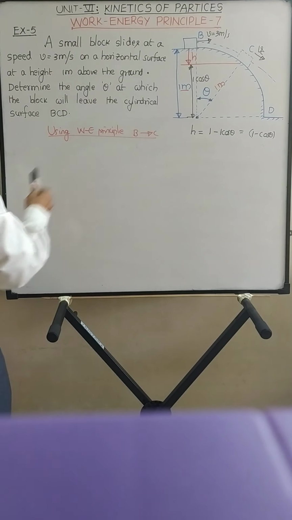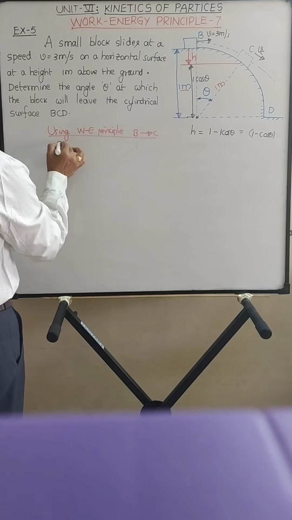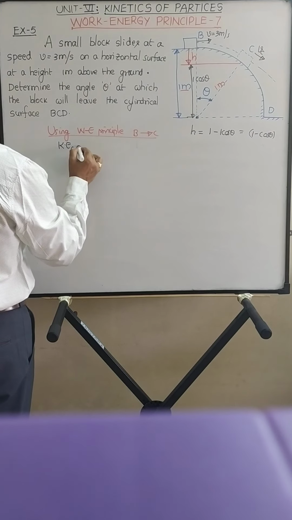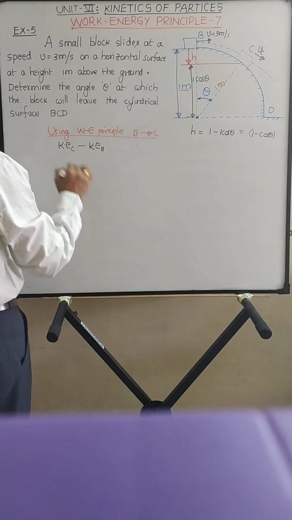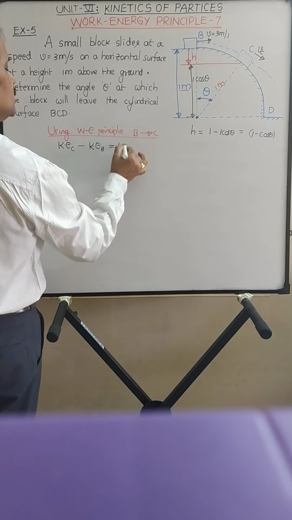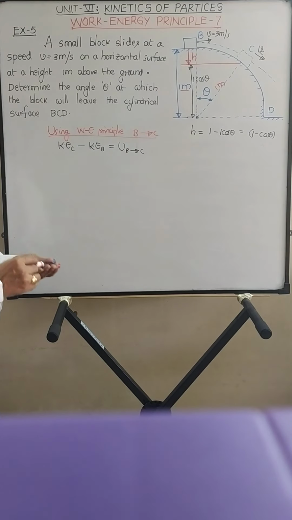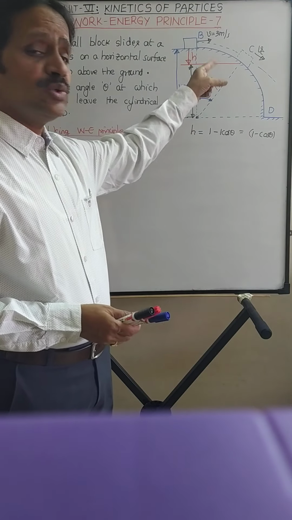So what is work energy principle? Change in kinetic energy is equal to work done. So the kinetic energy at C, final kinetic energy, minus initial kinetic energy, that is kinetic energy at B, is equal to the work done by all the forces between the positions B and C. Now here, what are the forces doing work?